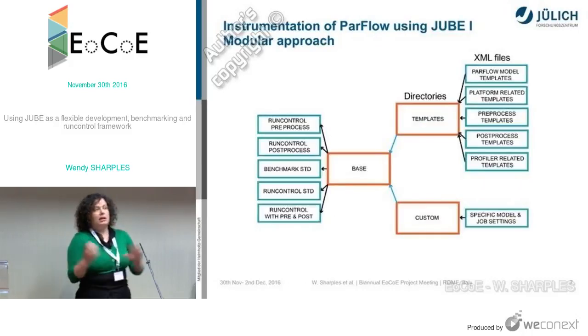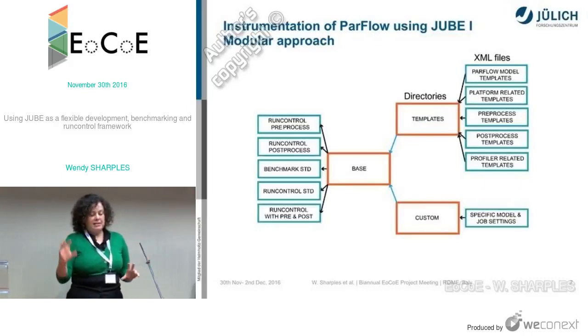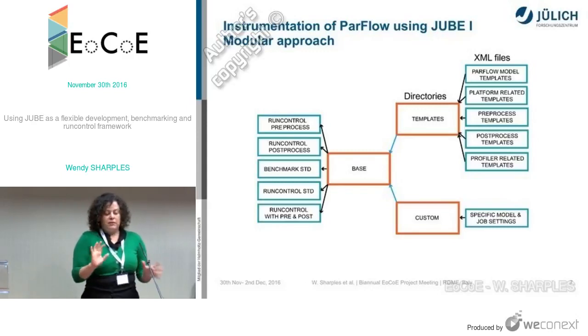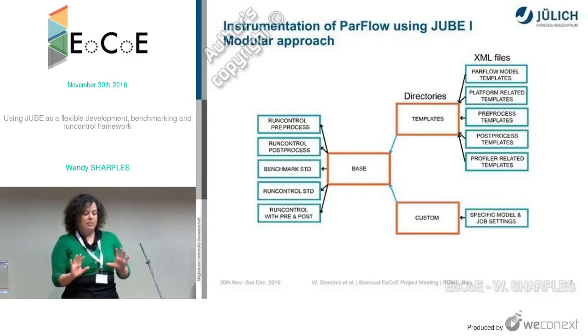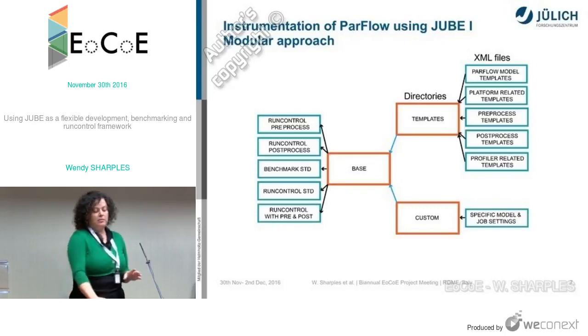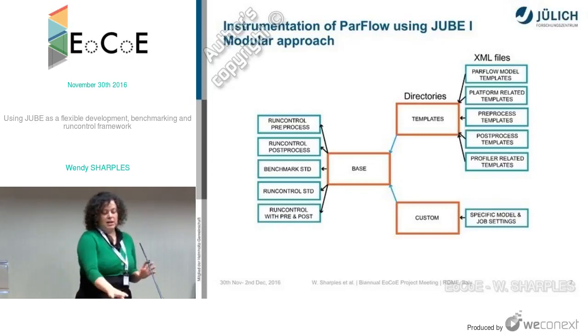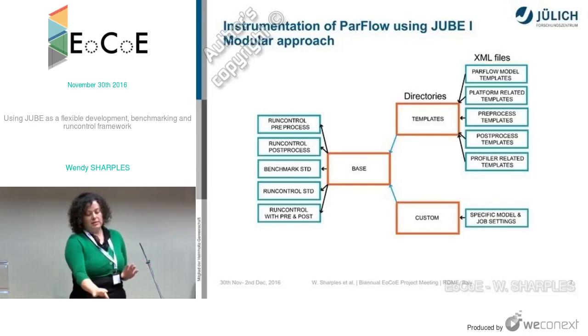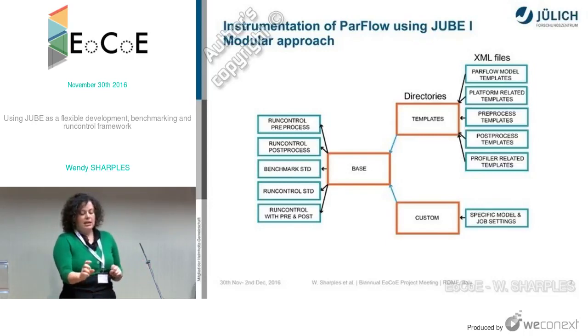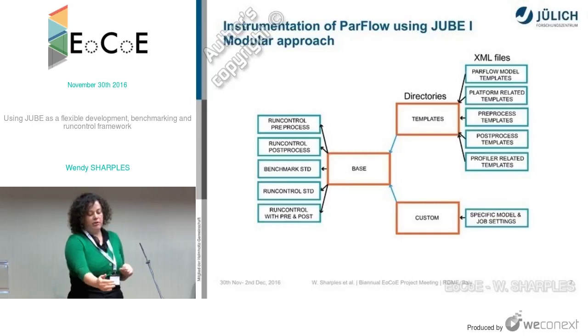So trying to combine all those factors from pre-processing to the post-processing and archiving, we thought of a kind of template base and custom script model. So the orange boxes are directories and the green boxes are XML files. And so in the templates, you've got the ParFlow model templates.